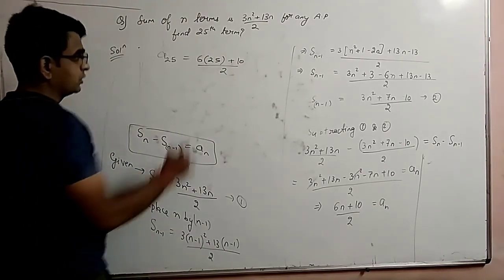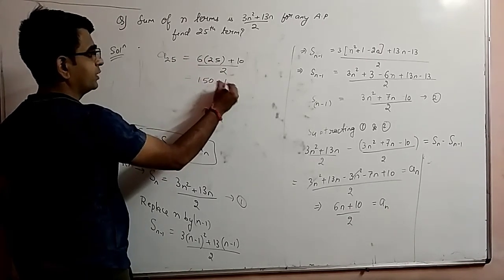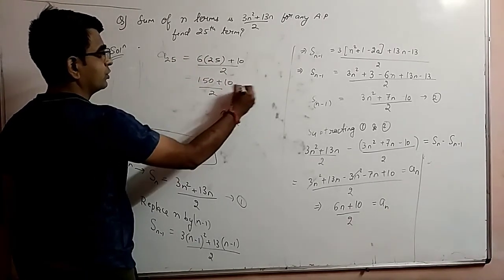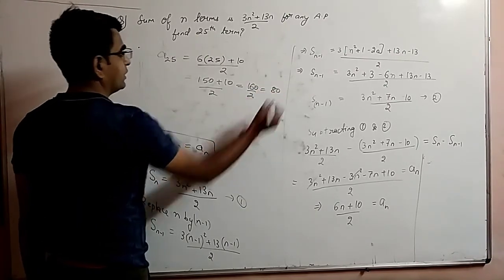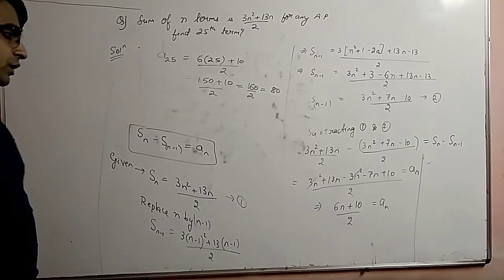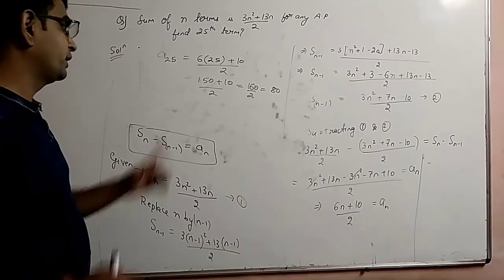Okay, so 6 into 25 is 150, plus 10 is 160, by 2, which is 80. So the 25th term of this series will be 80.